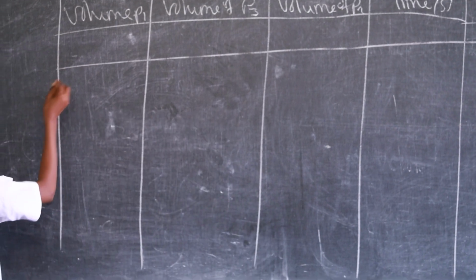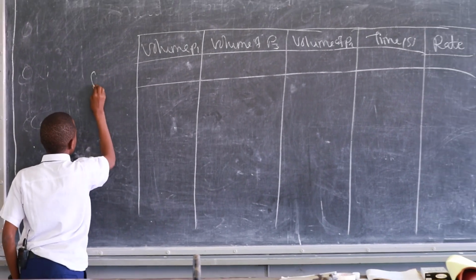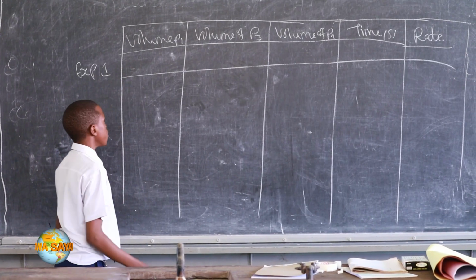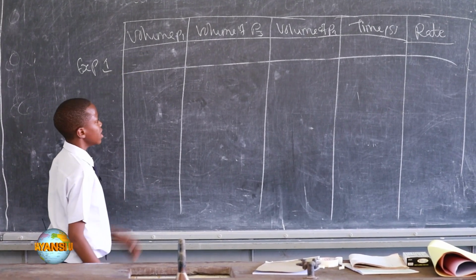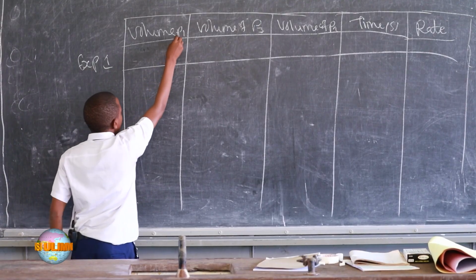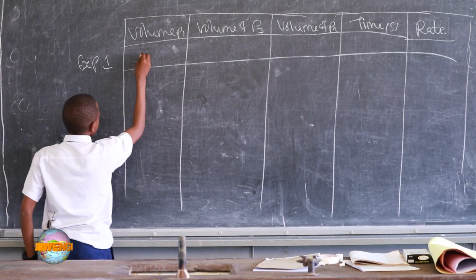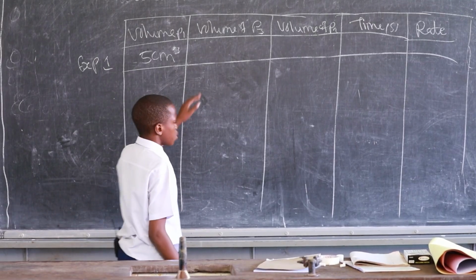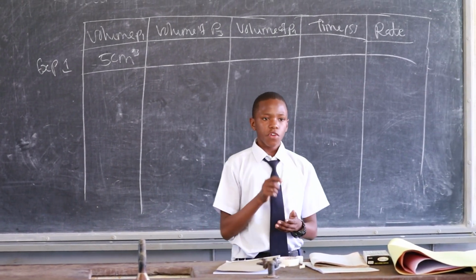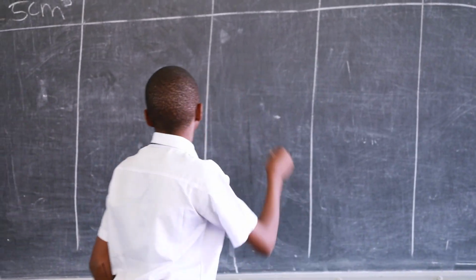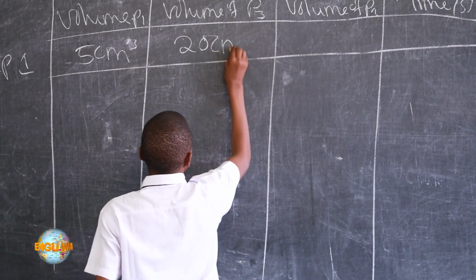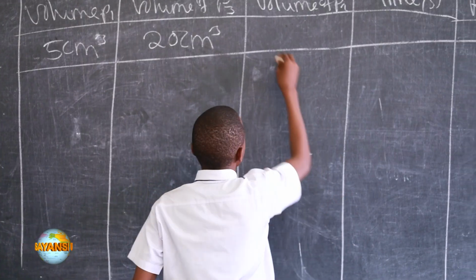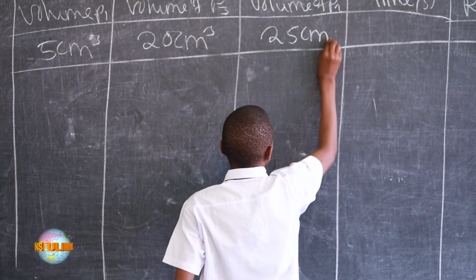Therefore, in our experiment 1, the volume of sodium thiosulfate, indicated by P1, was 5 cubic centimeter. Also, volume of P3 was 2 cubic centimeter, as well as volume of P2, which is 25 cubic centimeter.